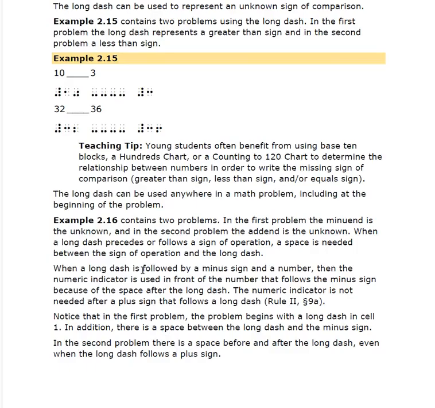Young students often benefit from using base 10 blocks, a 100 chart or counting to 120 chart to determine the relationship between numbers or in order to write the missing sign of comparison. So one of those 100 charts we saw on the APH website would be helpful.